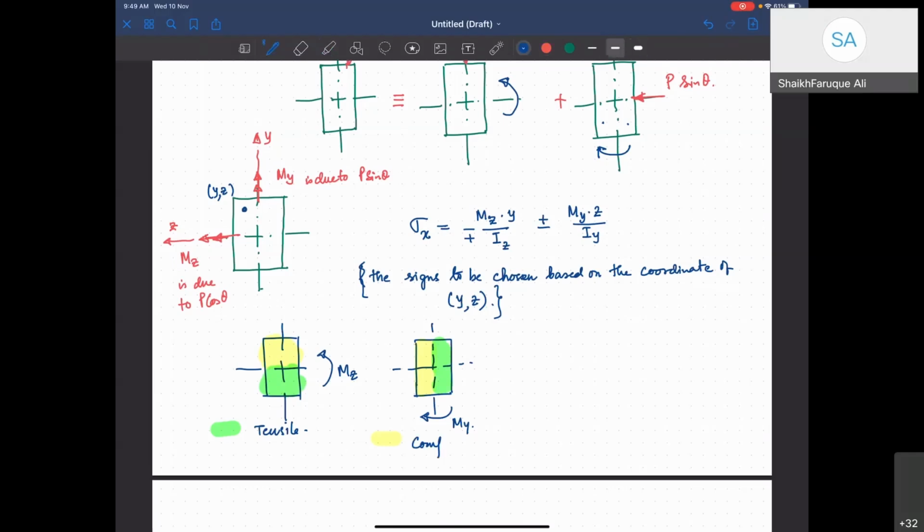Therefore, when you combine them, this plus this will be equal to something like that.